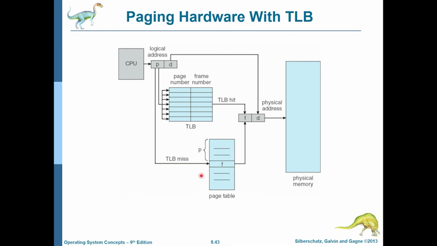This is slower, but we still have to do it because it was not present in the TLB. Now we figure out the frame number and we go to the physical address space to get the data or store the data. And we also try to put the value of F into the TLB because it is very likely that the next access is also going to happen inside the same page. So if there is one TLB miss, next time around that same TLB miss should not happen.